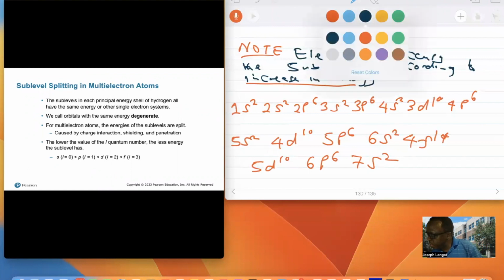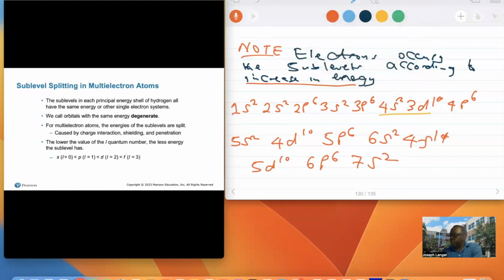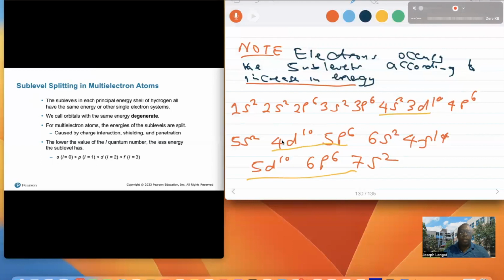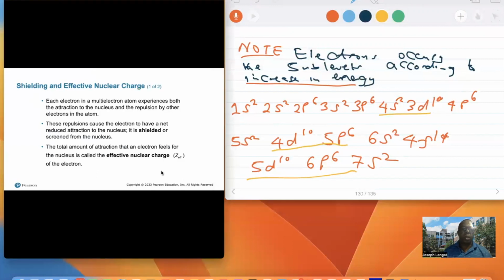If you look at the 3d, 4s, 4d, 5s, 5p, the 5s comes after 4d. The overlap here has to do with the splitting in multi-electron orbitals.